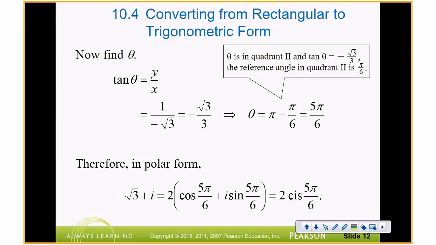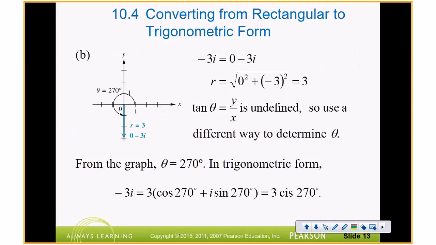I'm waiting for the last one. There we go. There it is. 270. And then you can put it in 3 cis. Now remember, when you see cis, that means cosine and i sine. You'll see that in some books.